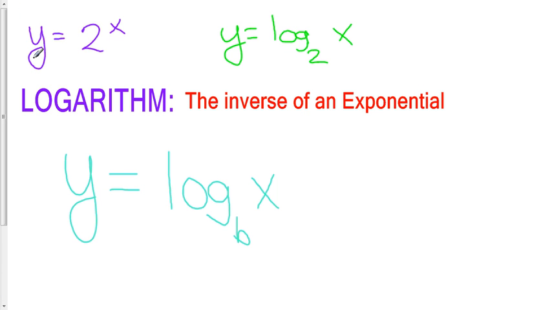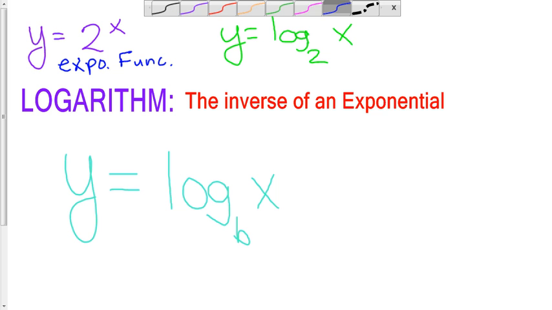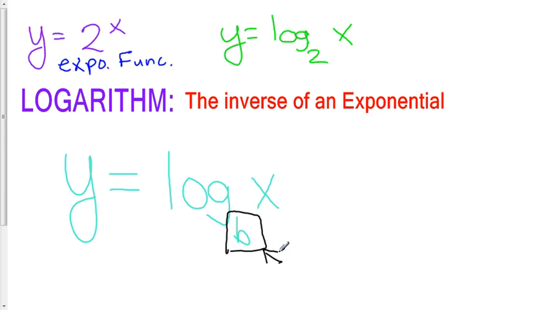So y equals 2 to the x is an exponential function. Y equals log base 2 of x is the inverse of an exponential function, and it's a logarithmic function. All logarithms are inverses of an exponential function, and they look like this: y equals log base b of x. Just so that you understand, this is considered the base.